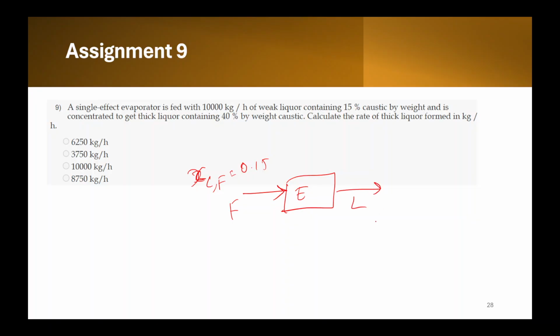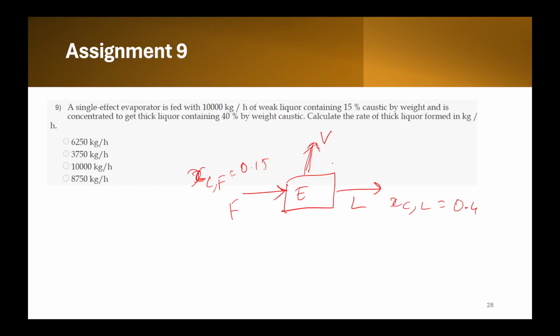So some stream L is coming out, which has XC in L is 0.4. So basically, it is enriching the concentration of this caustic in this solution. And then there will be another stream, V.